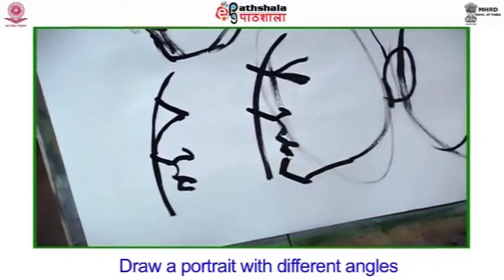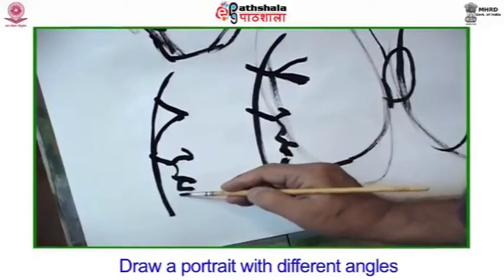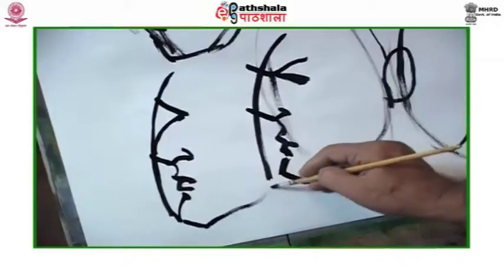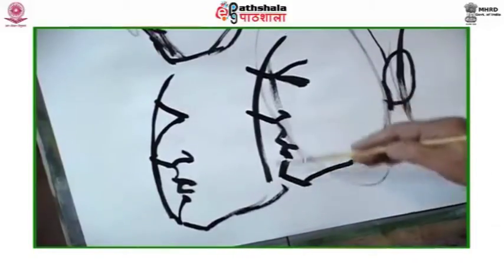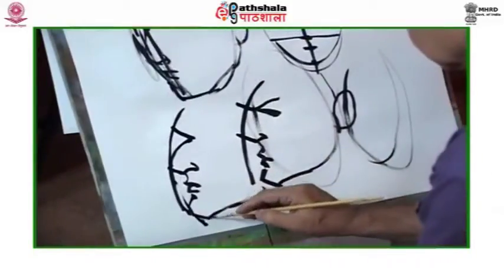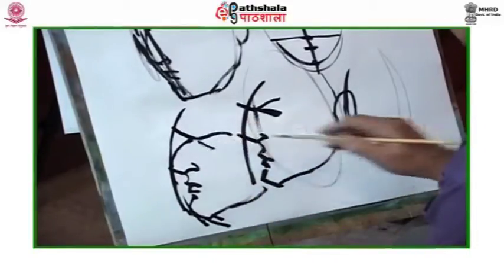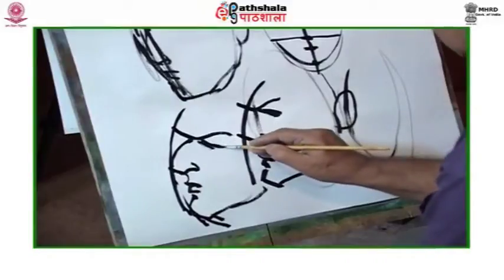The relative position and forms of the head alters as you see it from a different angle. Do not get in a hurry to place facial features. Rather, concentrate on recognizing the changing form of the head from various angles.